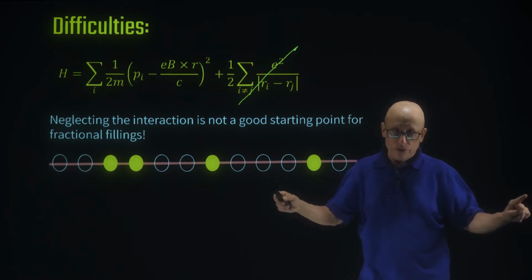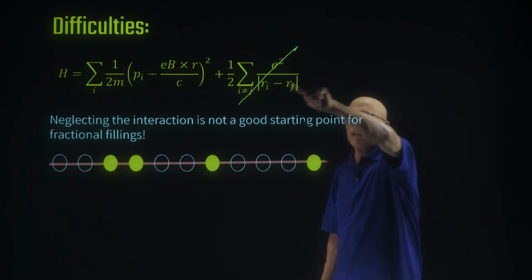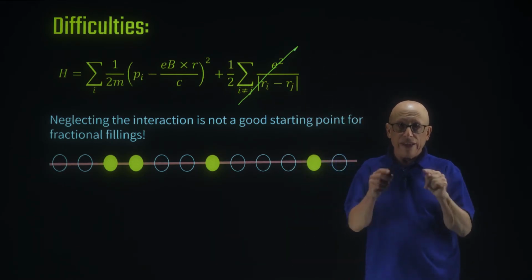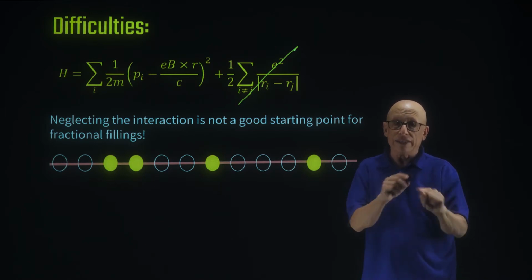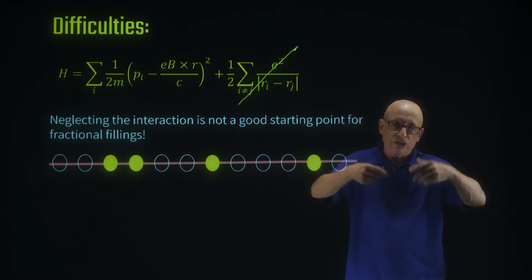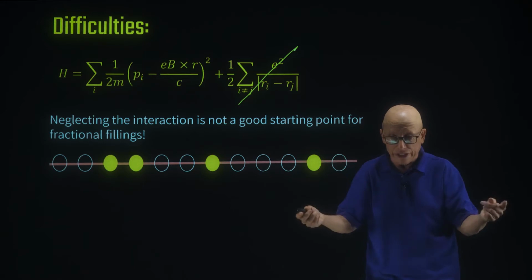That's not going to work. The reason is that if you neglect electron-electron interaction, the ground state of a partially filled Landau level becomes highly degenerate. And applying the procedure of first-order degenerate perturbation theory becomes very, very difficult.